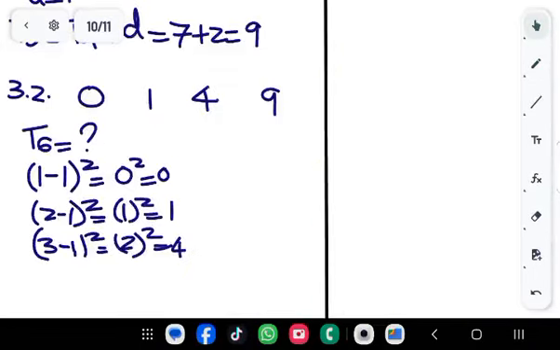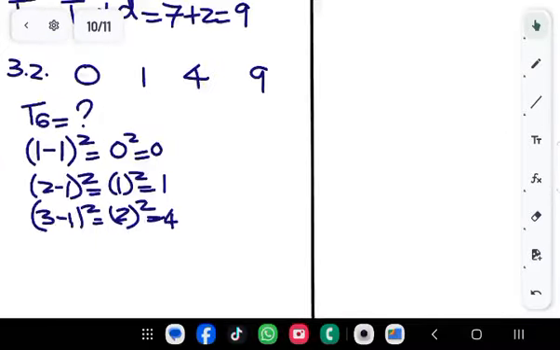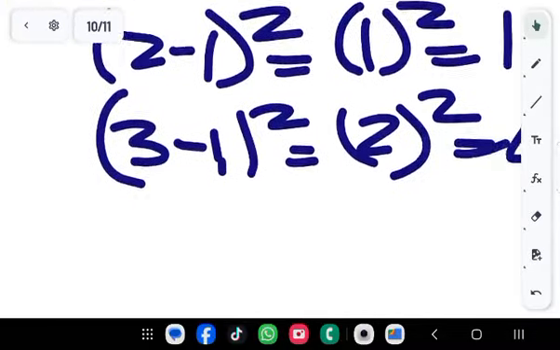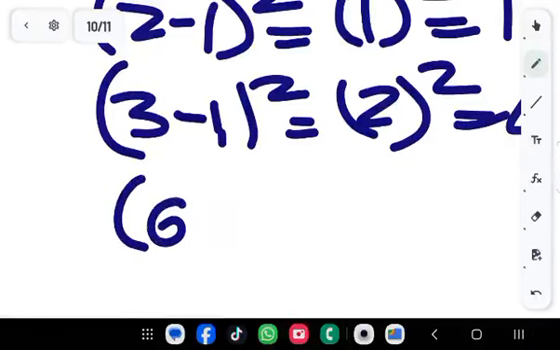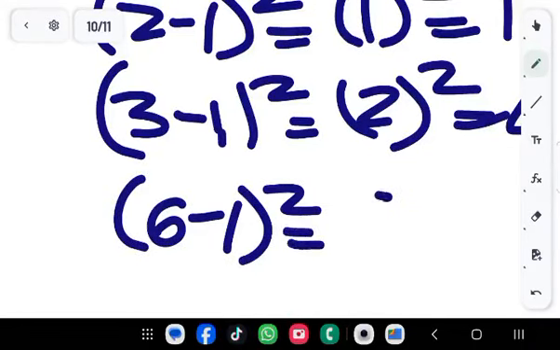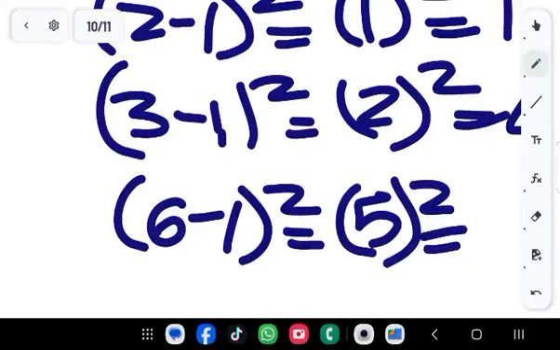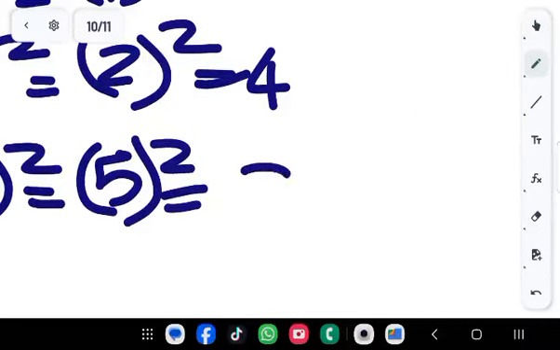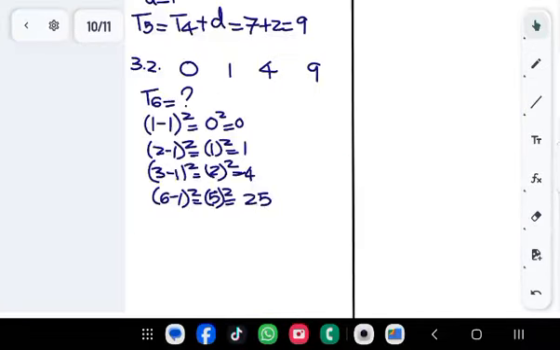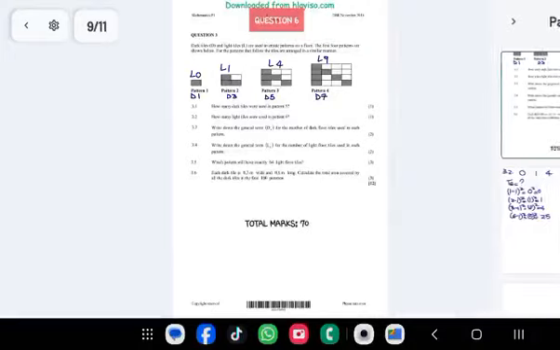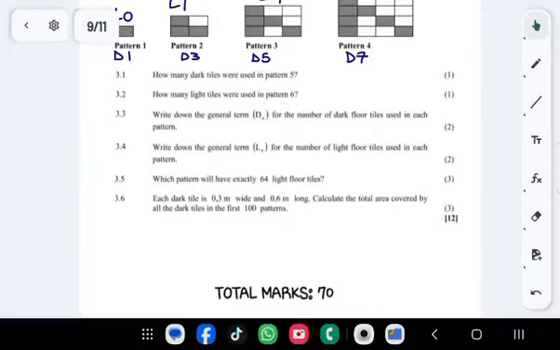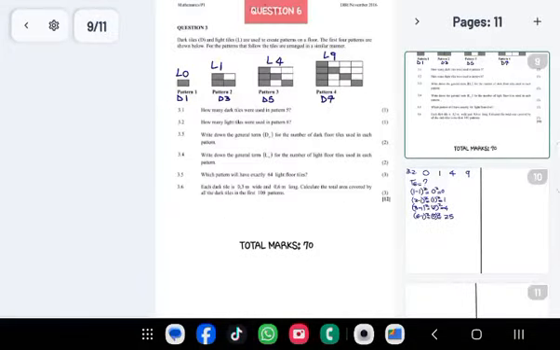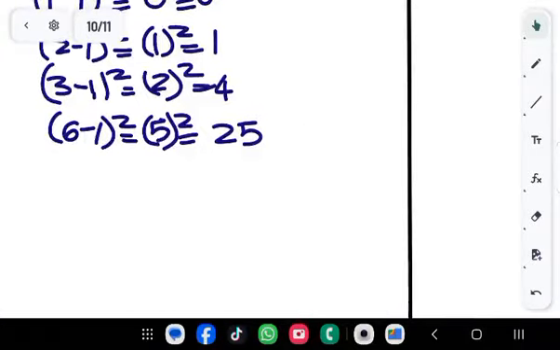So we've got a pattern here. So pattern number 6 will be 6 minus 1 all squared, which gives us 5 squared, which equals 25. The question was, how many light tiles were used in pattern 6? Therefore, 25 tiles were used in pattern 6.